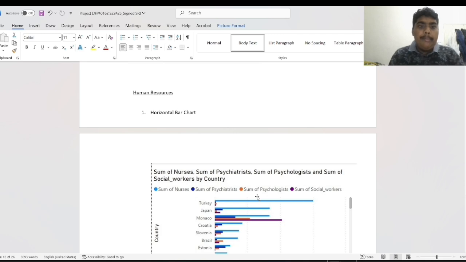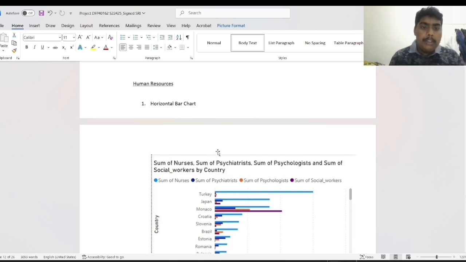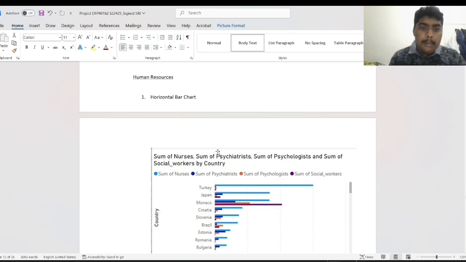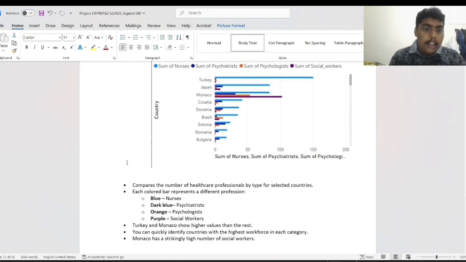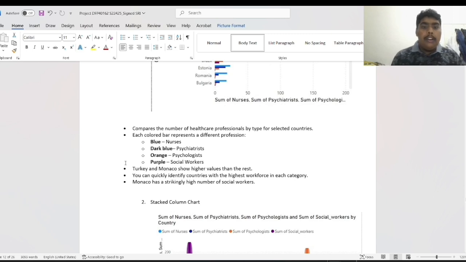Hi, I'm Shah. I'm going to explain the human resource data. First, we chose a horizontal bar chart. This chart compares the numbers of healthcare professionals by type for selected countries.